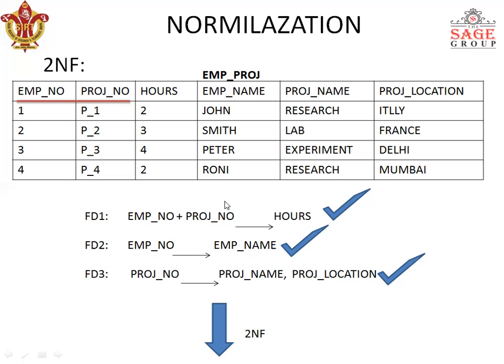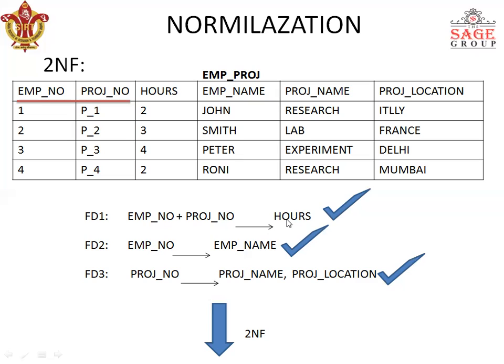So if we remove project number, can we identify hours with the help of employee number? No, we cannot identify hours only with the help of employee number. Or if we remove employee number, with the help of project number, can we identify hours?